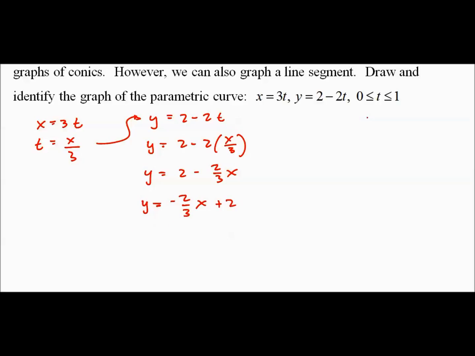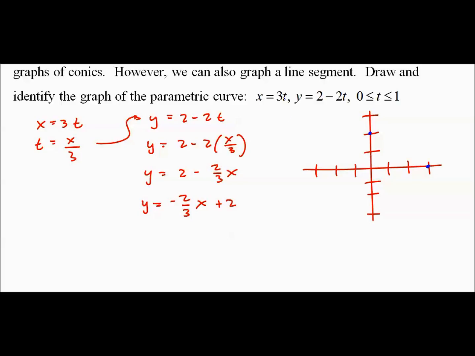At which point you might be tempted to do a big long graph, but you have to remember it matters. It only goes from 0 on the x, 1, 2, down 2 over 3.